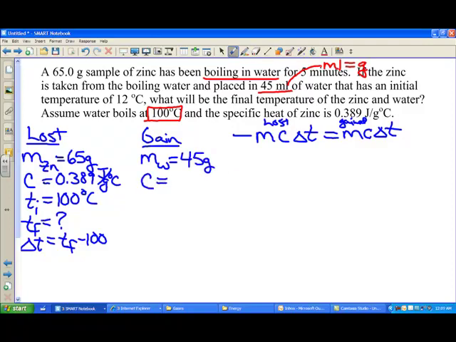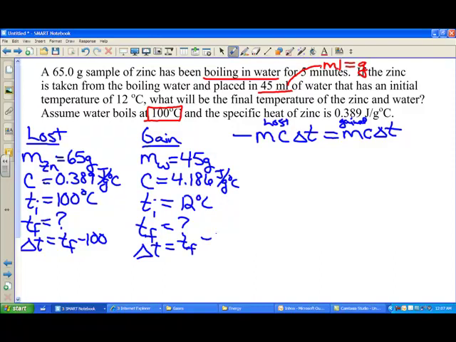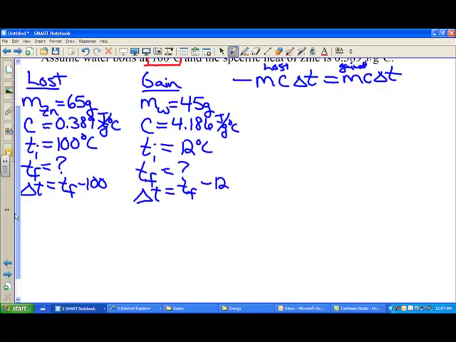The specific heat of water is 4.186 joules per gram degree Celsius. The initial temperature of that water was given as 12 degrees Celsius, and the final temperature of the water is what we're looking for. So the change in temperature of the water is T final minus 12. Okay? So that's my given information.